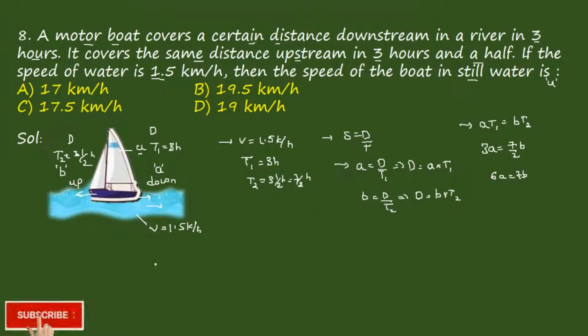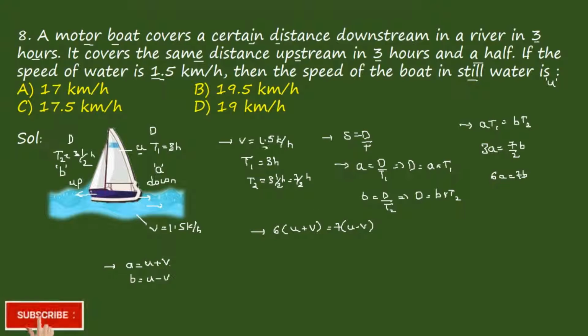But the general thing that we know is that A is equal to U plus V and B is equal to U minus V, right. U is the speed of a boat and V is the speed of a stream, right. Now we can substitute the values here. Then we get 6 into U plus V is equal to 7 into U minus V.